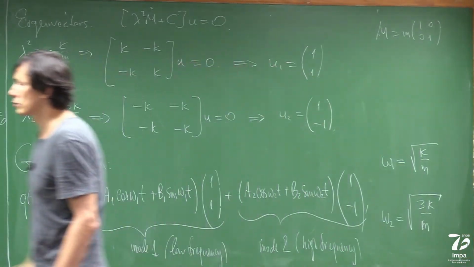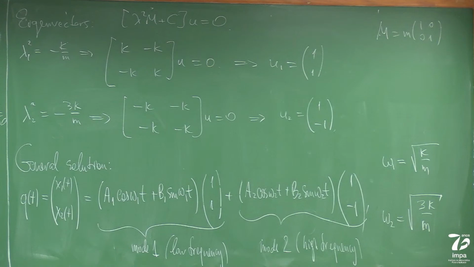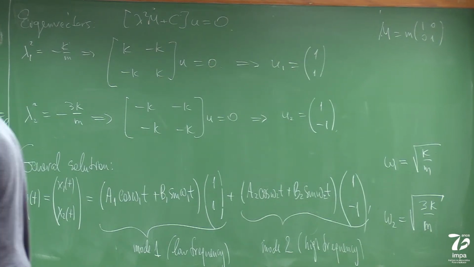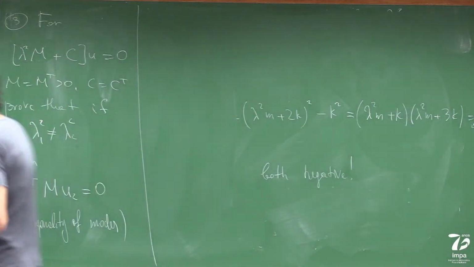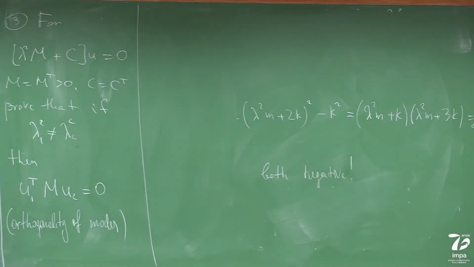You can show that it's always true: for any different eigenvalues, eigenvectors are guaranteed orthogonal. So in that form, all modes of the oscillations in the Lagrangian system are orthogonal in this sense, when you define a scalar product with the mass matrix.